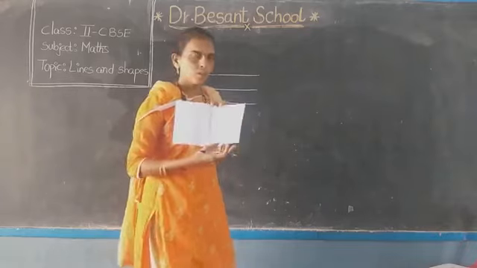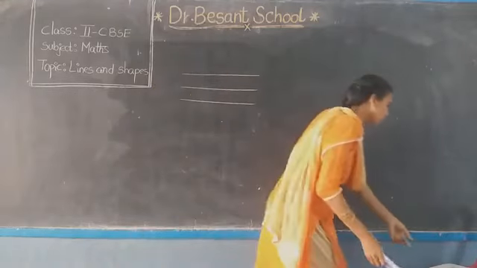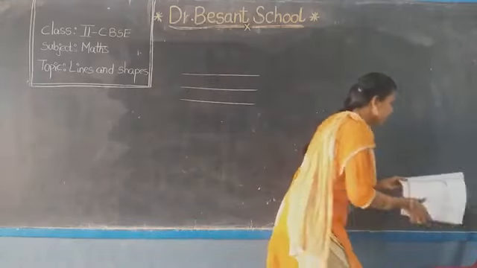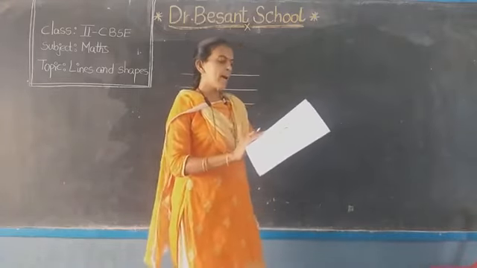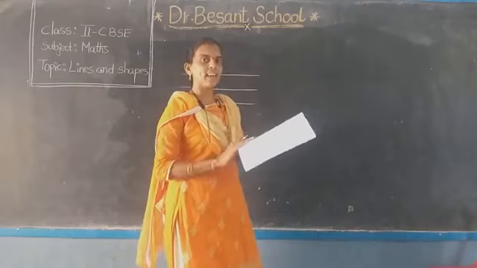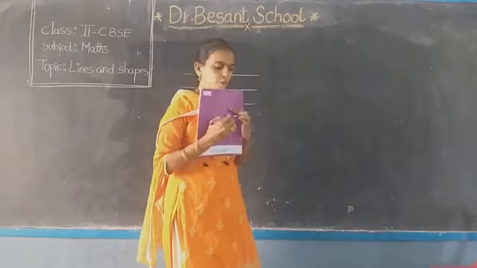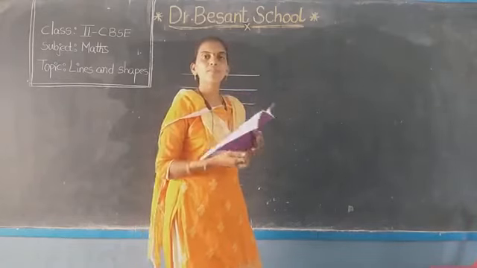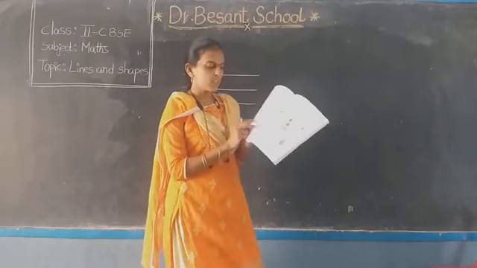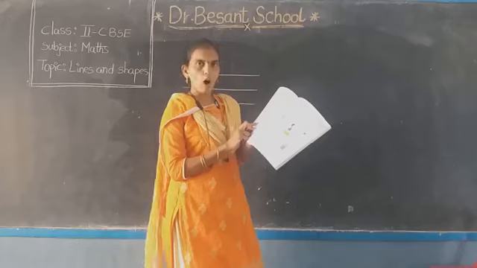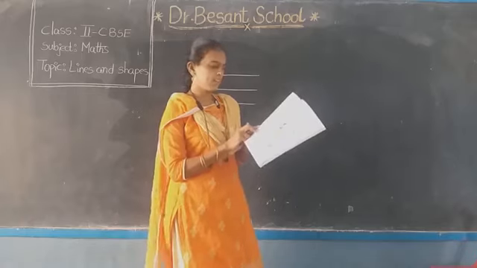Okay, children. Now, if you go through the studio book, I have drawn a dash line, and they are asking which line we have drawn. You tell me. They have given options: straight line or curved line.